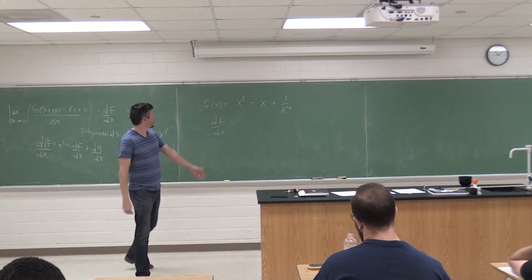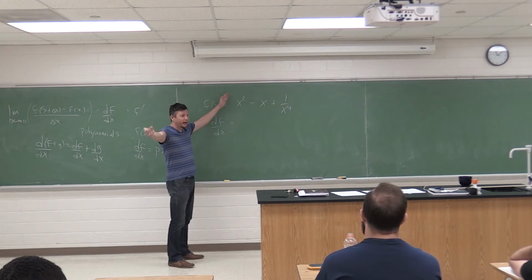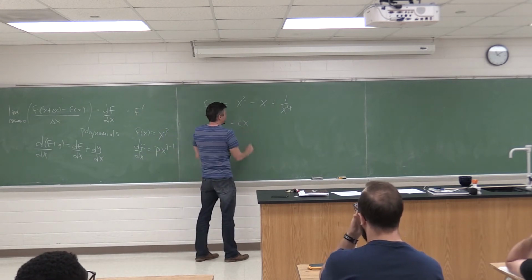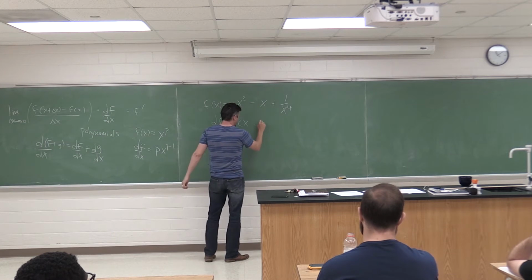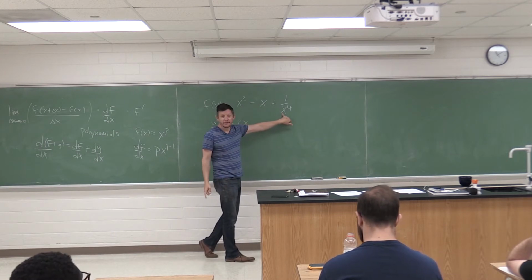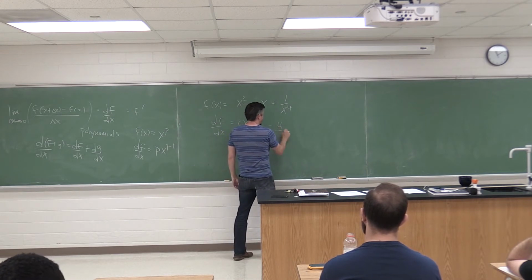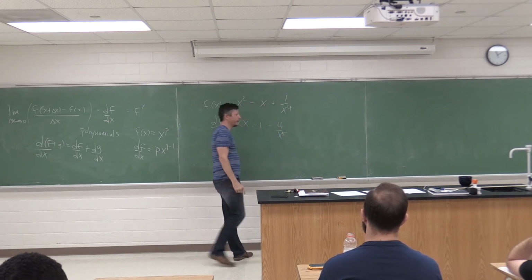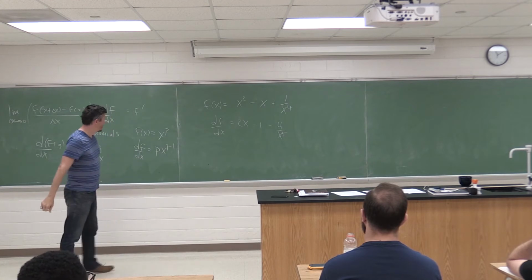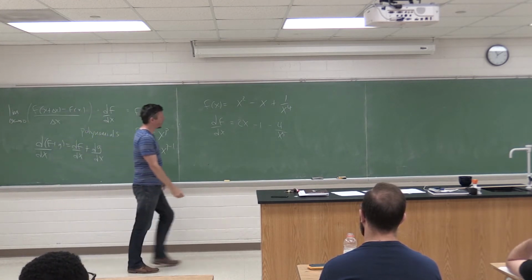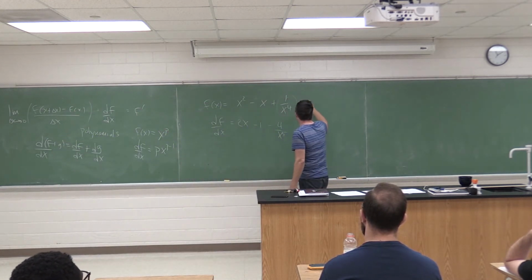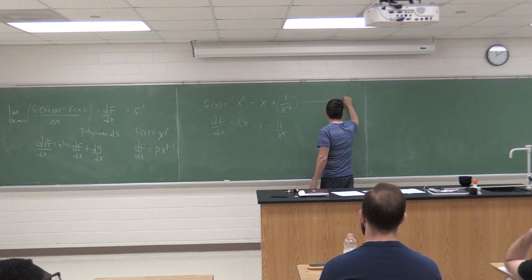All right, what do we get for the first term? 2x. 2x, good. What about this one? Minus 1. Good. What about this one? Minus 4 over x to the 5th. Good. All right, let's see about this last one. It looks more complicated, but all that's done here is, you think about this thing as being x to the minus 4.